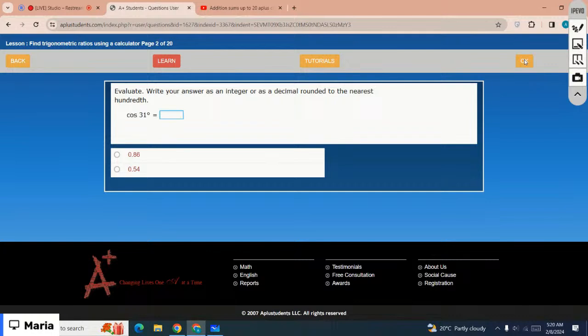So cos 31 equals 0.86. Option number 1 is the correct option, right? That is 0.86.